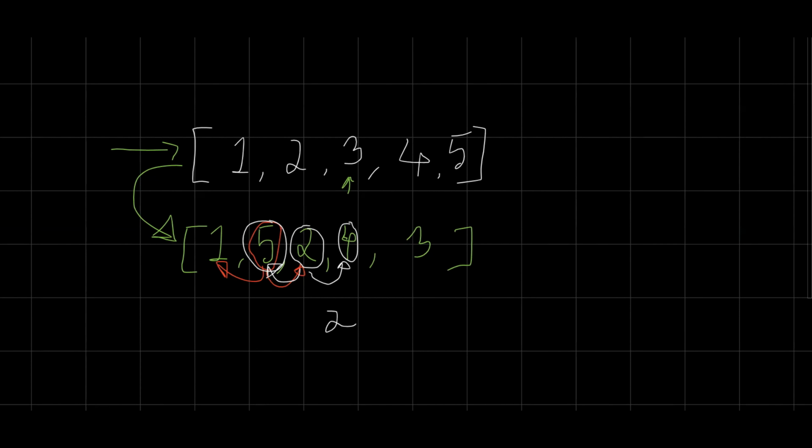Again, for this element 4, the left element is 2 and the right element is 3. And their average will be (2 + 3), which is 5, divided by 2. That means 2.5. So 2.5 cannot equal the element 4.